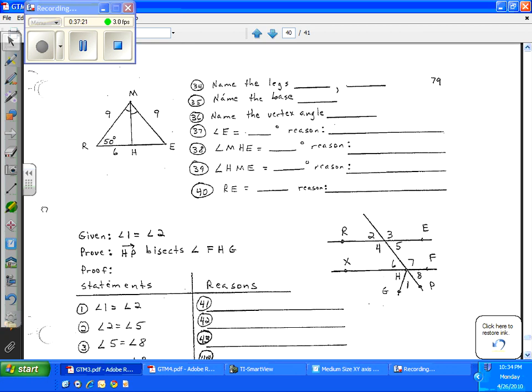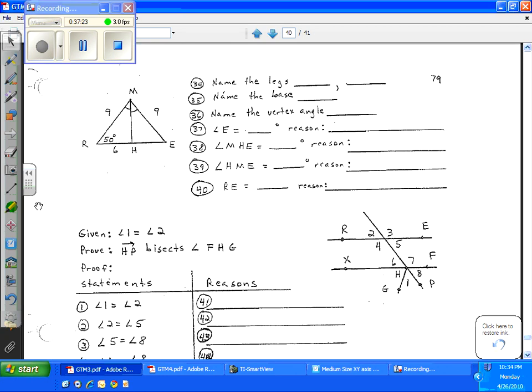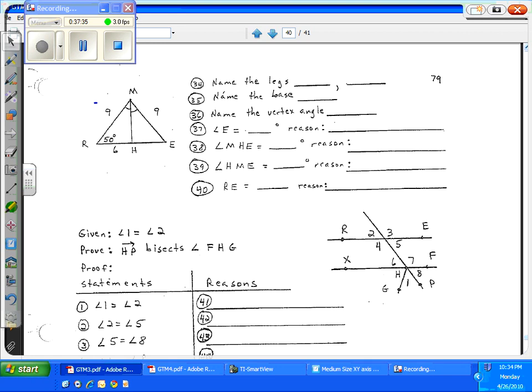that brings us to isosceles triangle stuff, including the isosceles triangle theorem. Remember that an isosceles triangle is a triangle with two equal sides. The two equal sides are called the legs. So the legs are RM and EM, segment RM and segment EM.